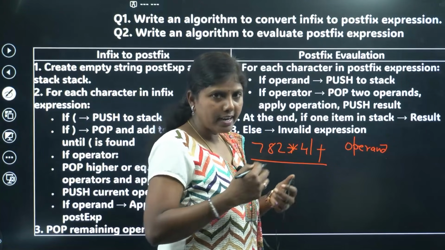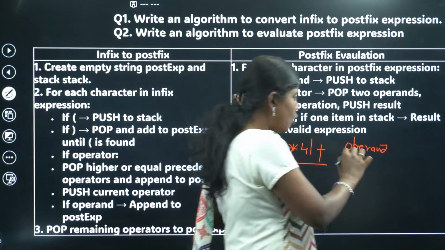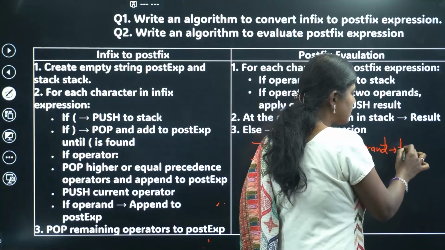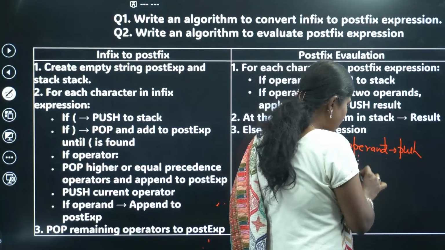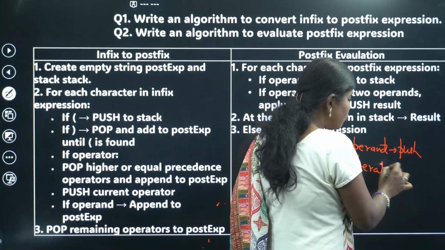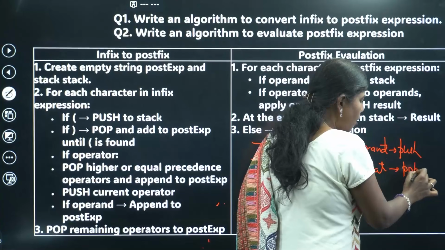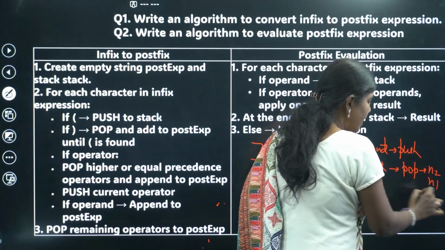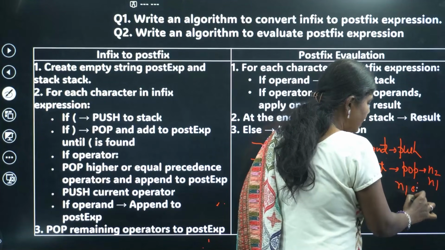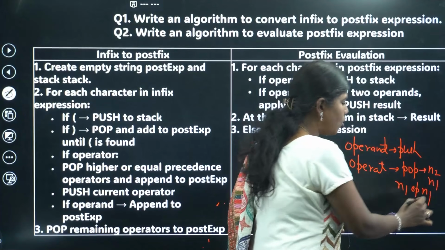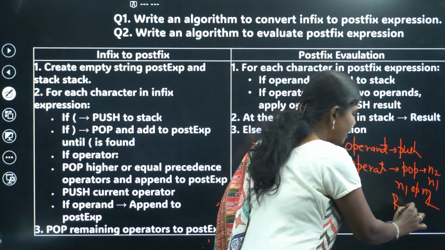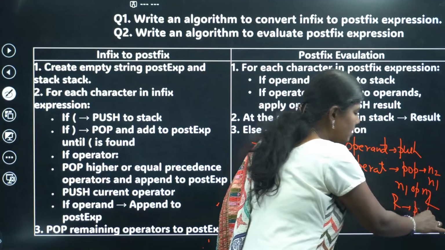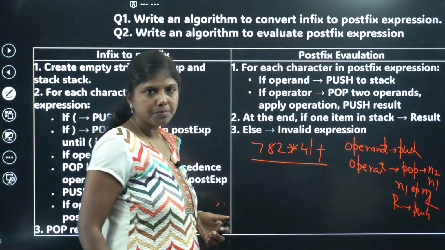Take one character at a time and keep scanning. If it's an operand, you have to push it to the stack. If there's an operator, you have to pop out N1 and N2, perform N1 operator N2, then store the result back in the stack. That means you have to push it.